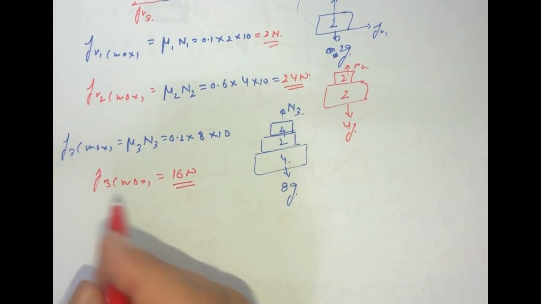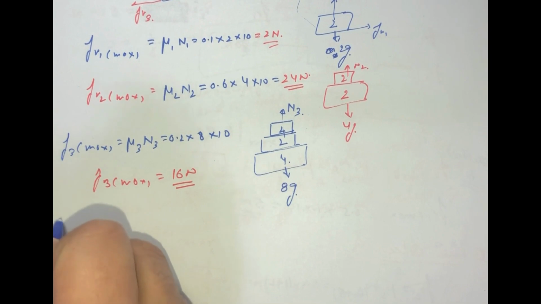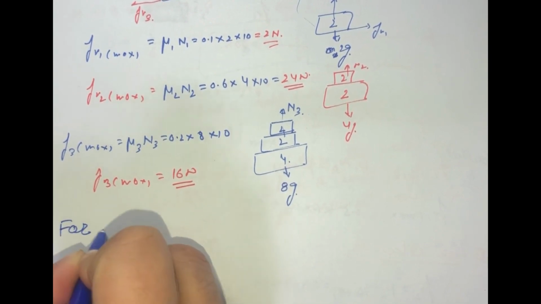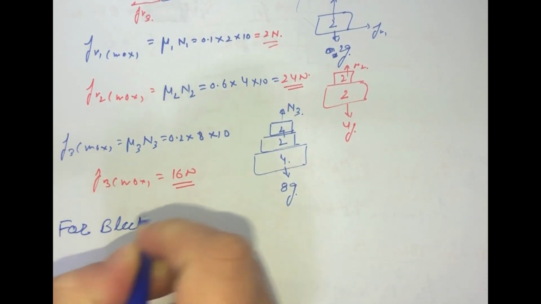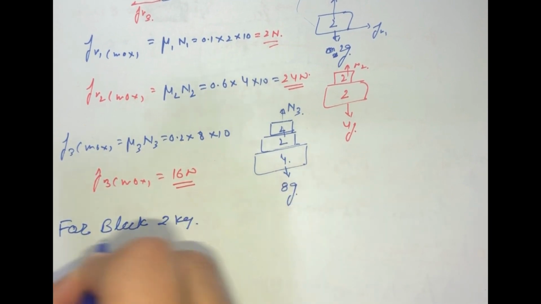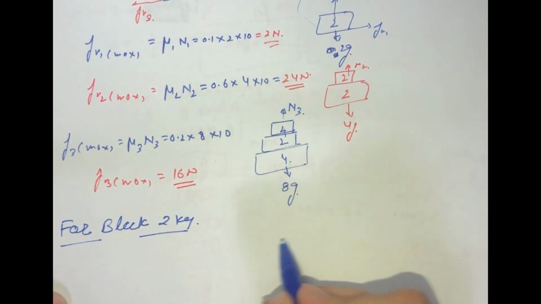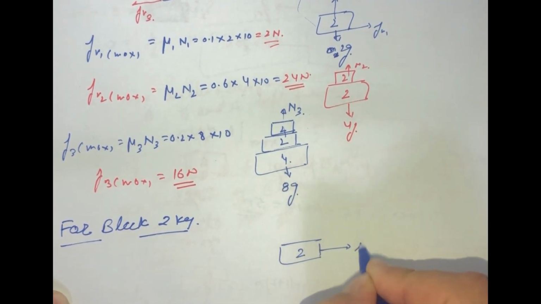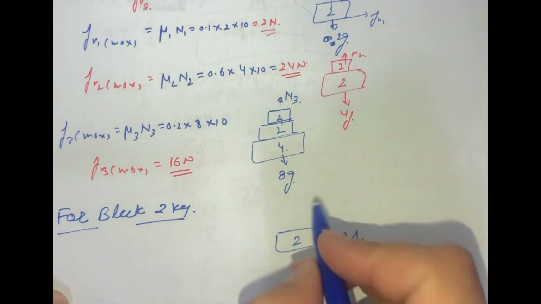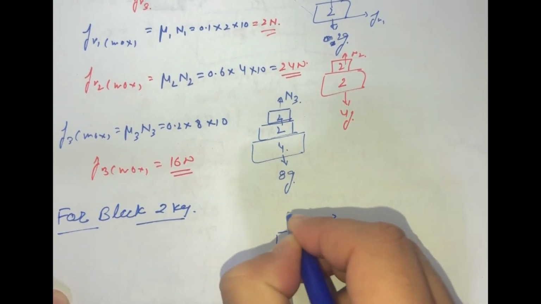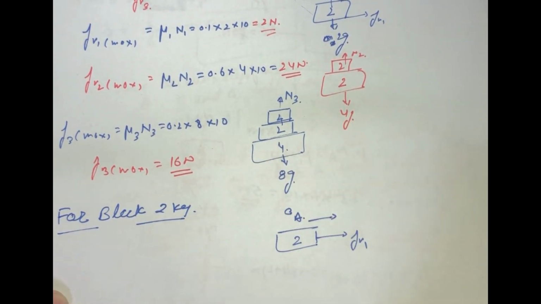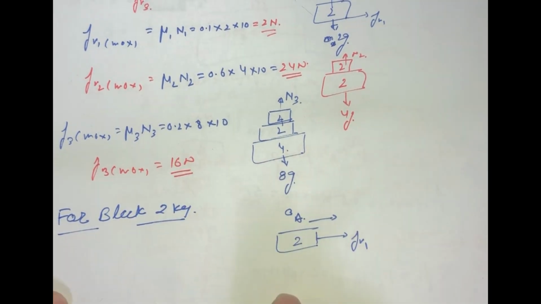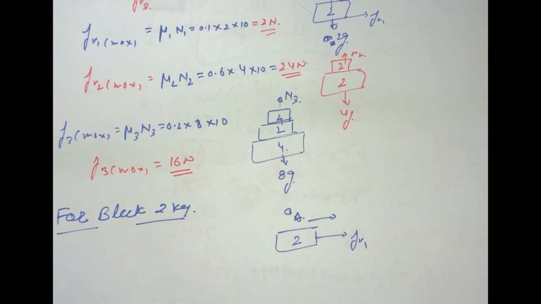Okay, now next let us find out the accelerations of the blocks. So for the 2 kg block, this is the 2 kg block with Fr1, and let us say it is moving with an acceleration of a_A. Now the 2 kg block is moving because of the frictional force that is being applied on it.